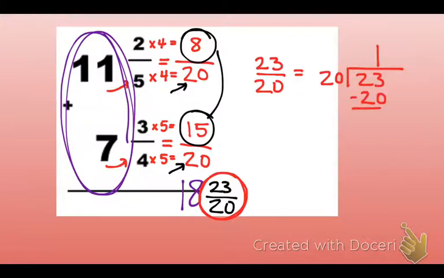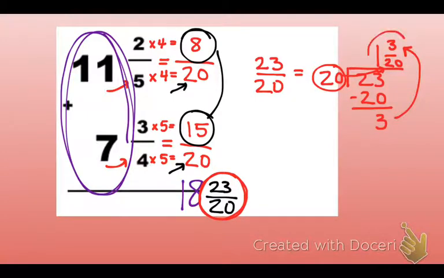I subtract. I get 3 as my remainder. My remainder, remember, is the top of my fraction. The bottom of my fraction is what we divided by. So I have 1 and 3/20. So 1 and 3/20 is equal to 23/20.